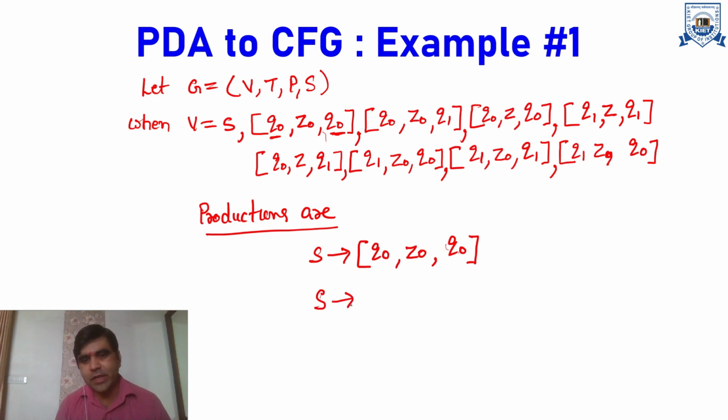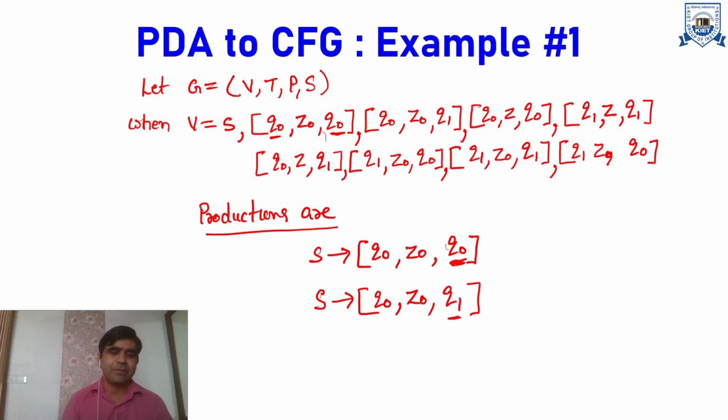Another rule is S derives Q naught, Z naught, Q1, because this place will take all values from the capital Q, the set of states in the corresponding automata. Let me call this production rule number 1 and this production rule number 2. So these two are the productions of the start symbol.